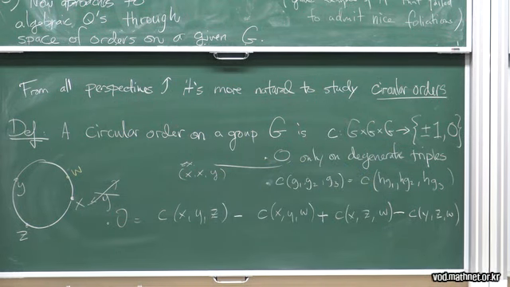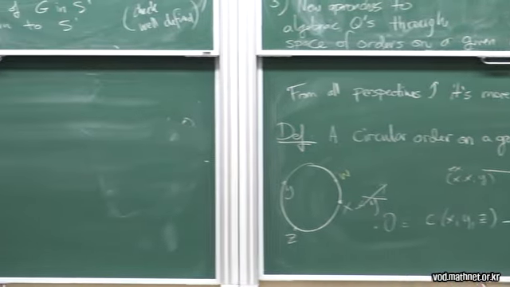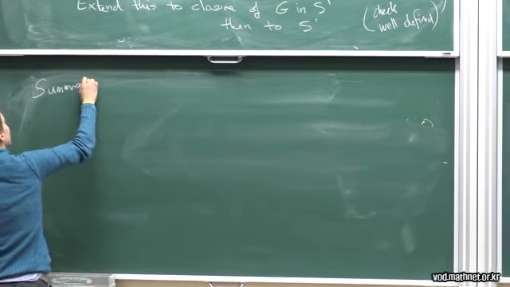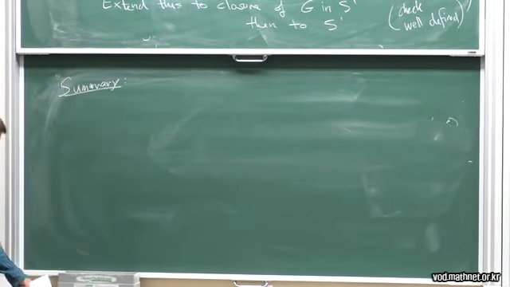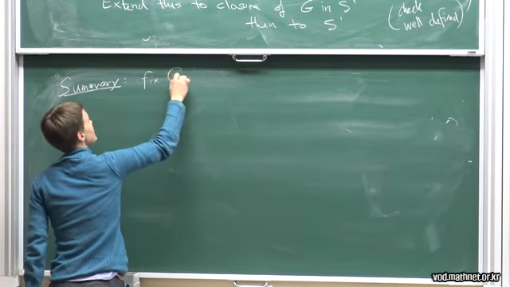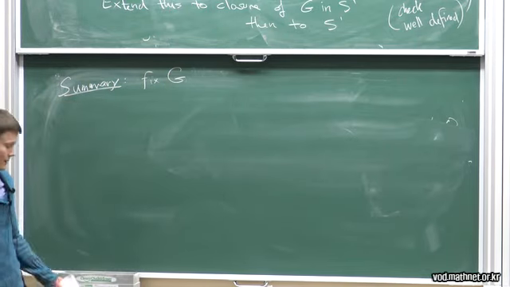Okay. But let me summarize what we get out of this board, or out of the folklore theorem, generally. If you fix some group G, then there is a relationship.